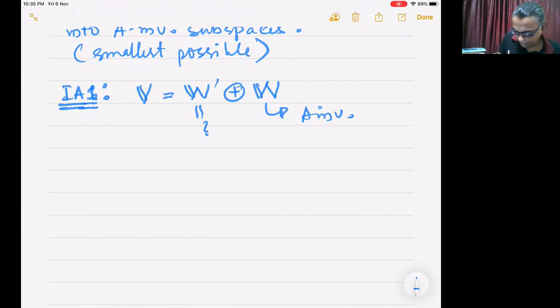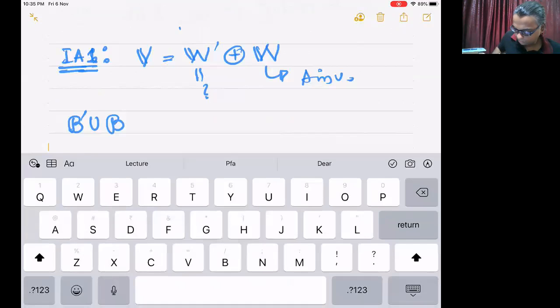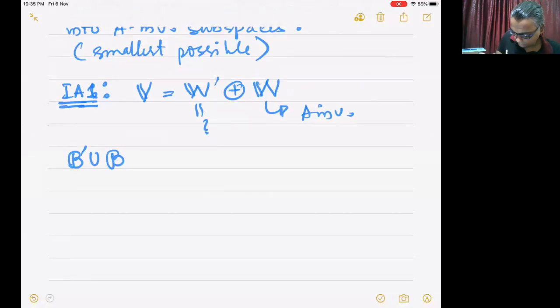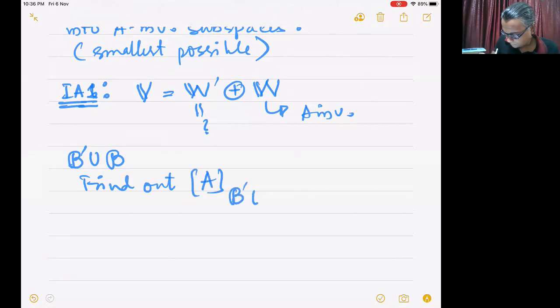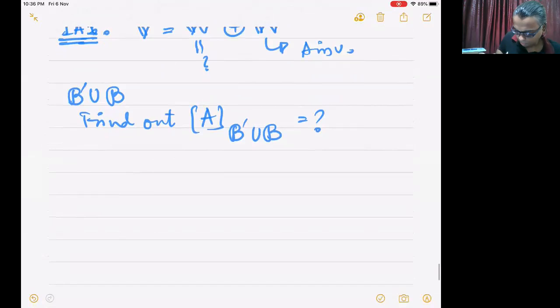And so I have my basis given by B prime union B. Now see, it's an ordered basis. All these things require ordering of the basis vectors. So if I order them differently, I take vectors from W prime first and then vectors from W, how is A going to look in this basis? So find out A in this basis. That is your immediate attention problem 1.